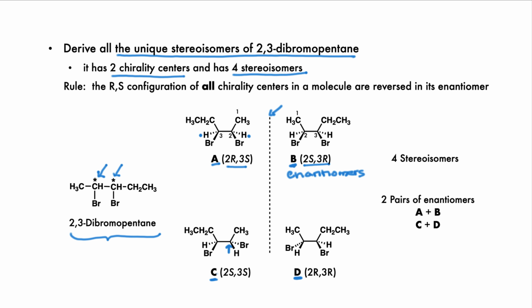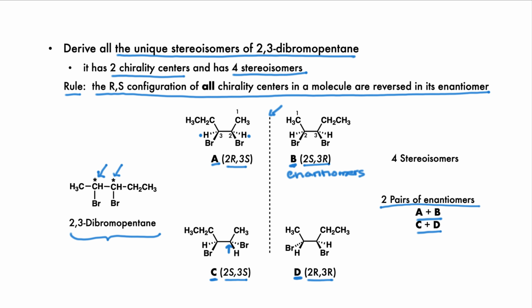C is 2S3S, and its enantiomer D is 2R3R. The rule is that the RS configurations of all chirality centers in a molecule are always reversed in its enantiomer. So you see, we have 2 pairs of enantiomers, A plus B and C plus D.